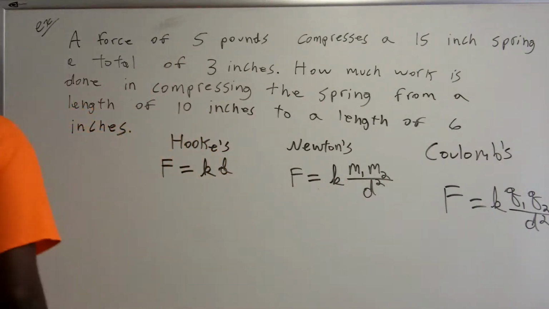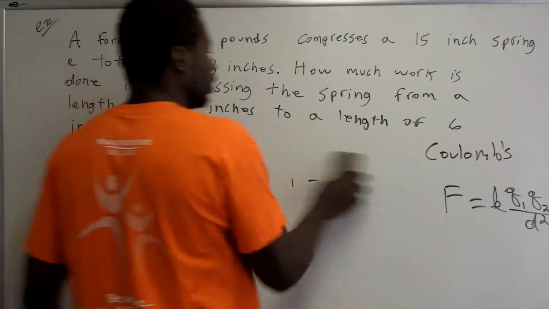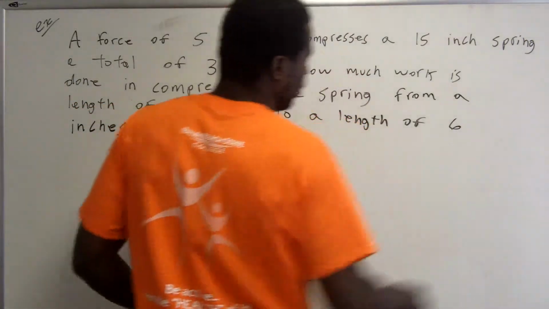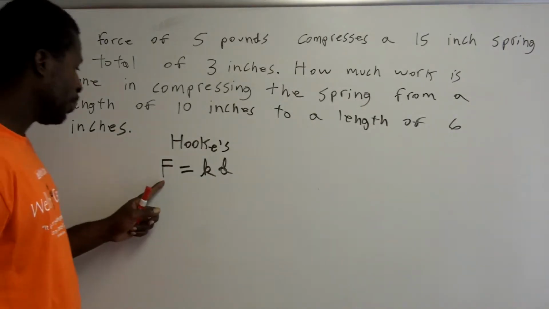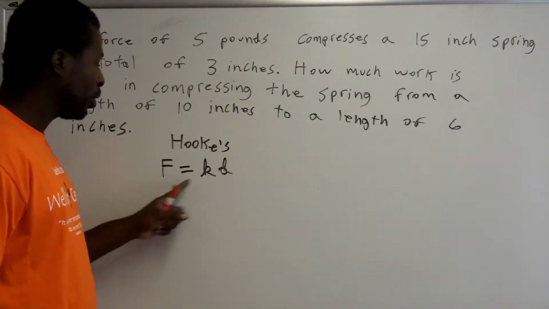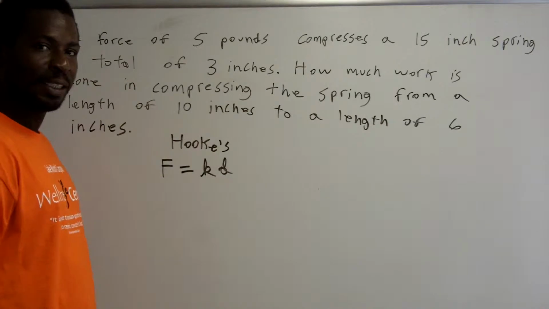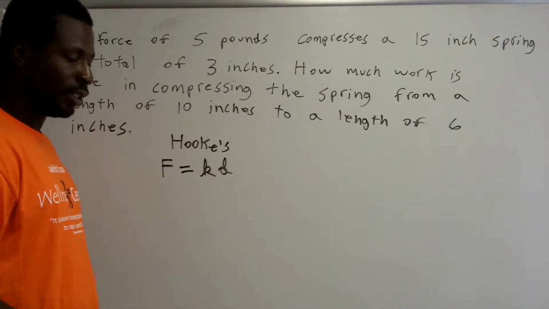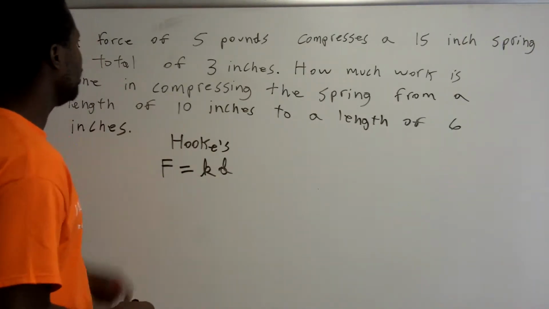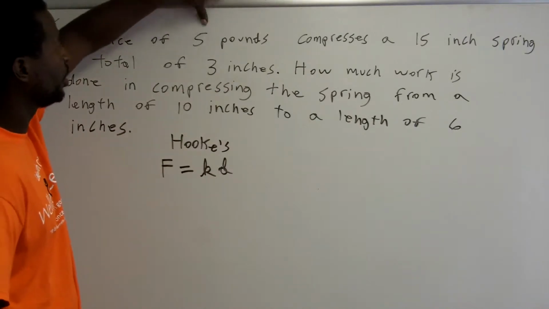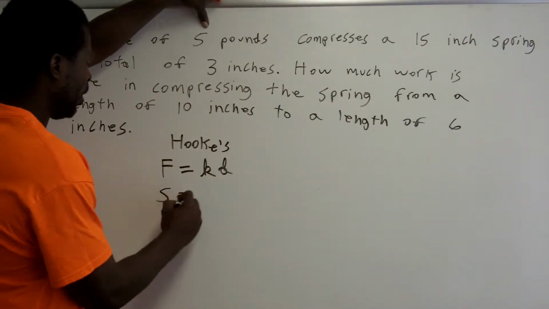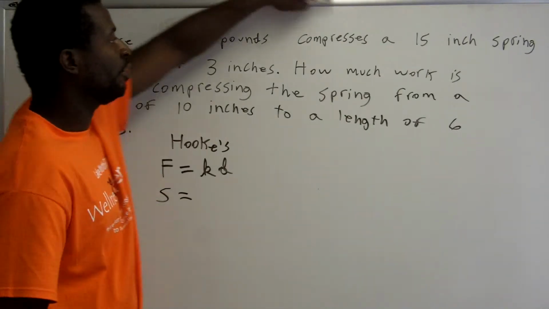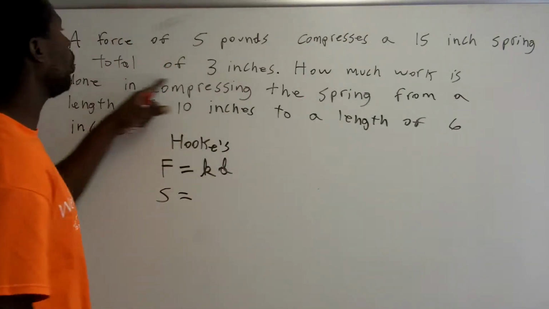So I think we're going to opt to use Hooke's law, and we're going to come up with an equation to represent our force based on the distance that we're compressing the spring. In this case, it says that a 5-pound force compresses a 15-inch spring a total of 3 inches.